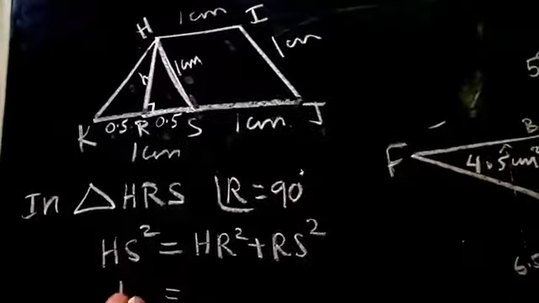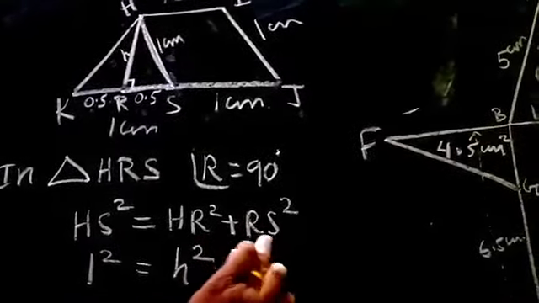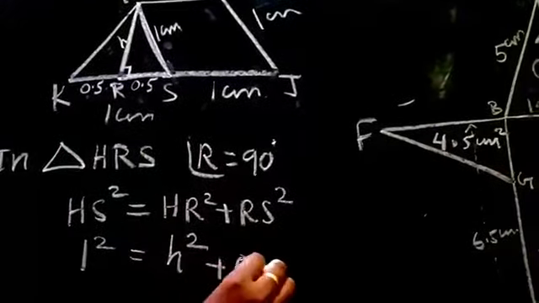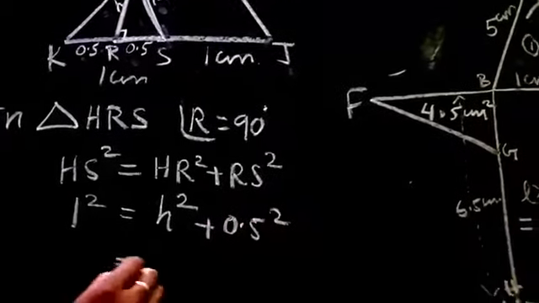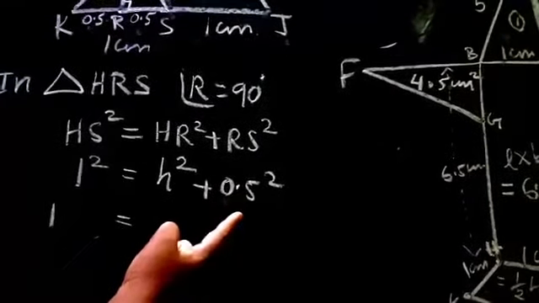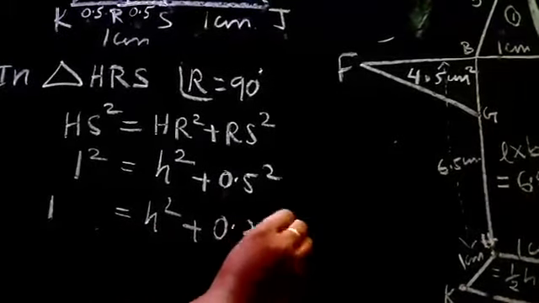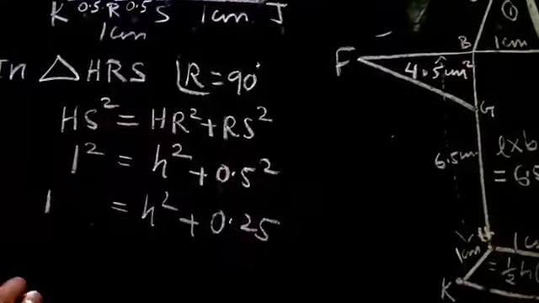Then it is here 1 square. H square we have to find. R square is 0.5 square. So 1 ones are 1 only. 0.5 square is 0.25. So this value will take to this side.